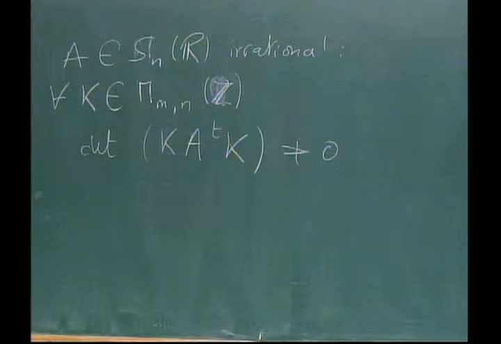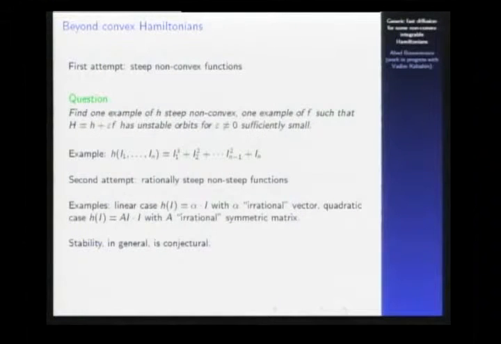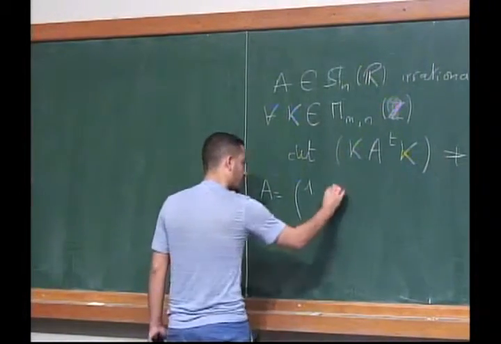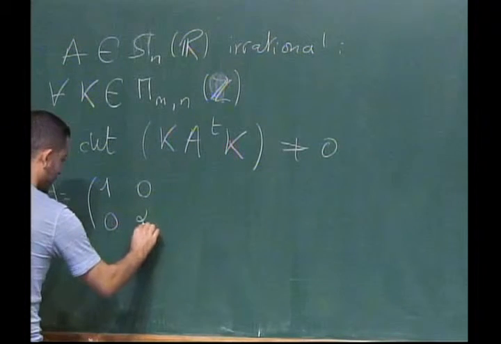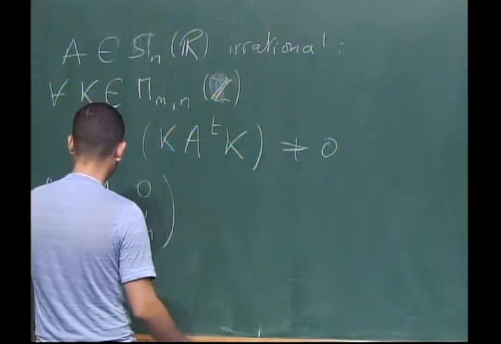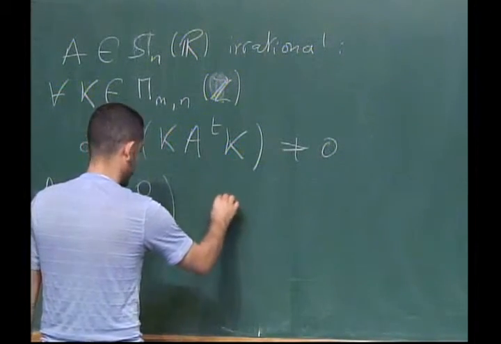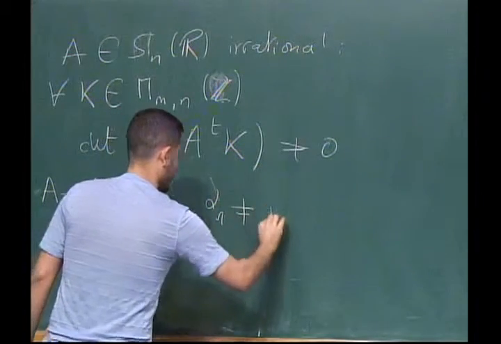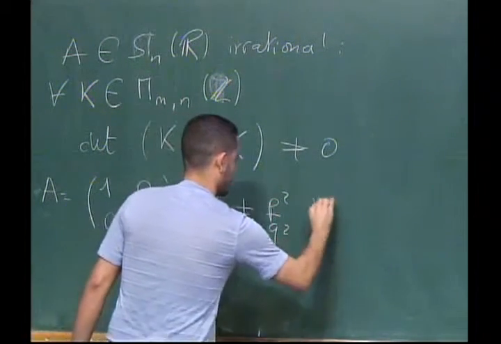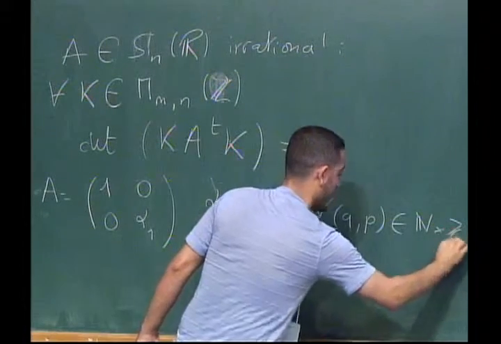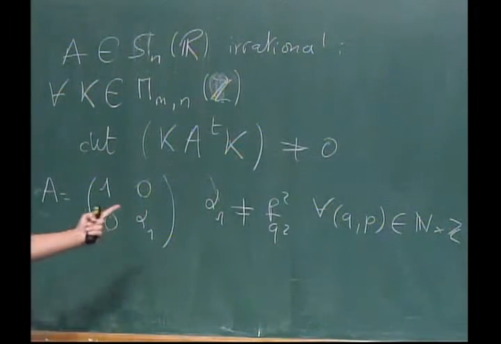If you take a diagonal matrix, it's a bit easier to write. For example, to give a simpler case, if I take A just of the form 1, 0, 0, alpha 1, the condition is that, let me put it n times, alpha is not the square of a rational.